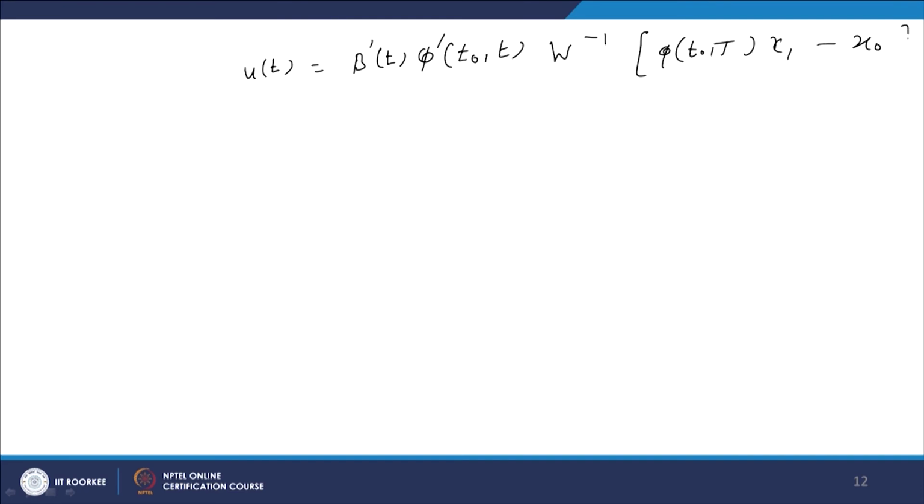This particular theorem gives the result. If you recall, the control given in equation 6 is u of t equal to b transpose of t, phi transpose of t0 to t, W inverse, multiplied by phi of t0 to t, x1 minus x0.